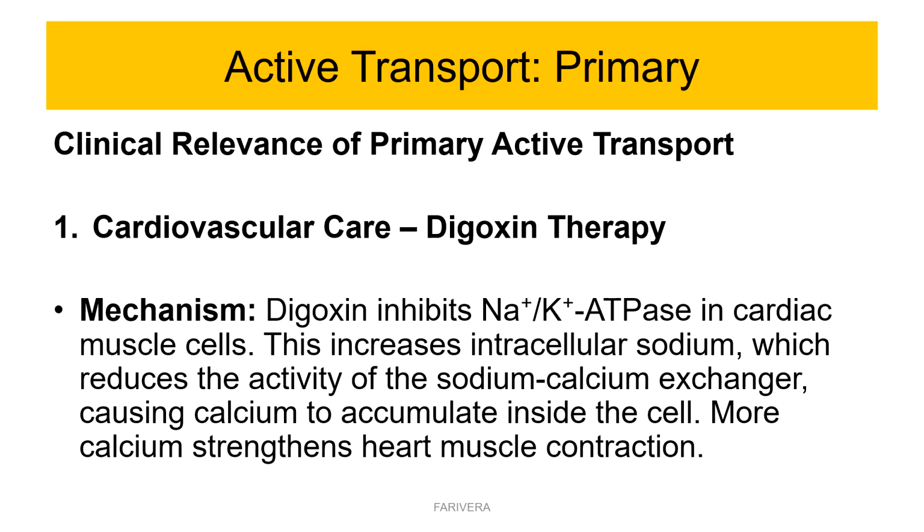This influences another transporter, the sodium calcium exchanger. As a result, less calcium is removed from the cardiac cell and more calcium remains inside. Why does that matter? Because calcium plays an important role in muscle contraction. More available intracellular calcium can contribute to a stronger cardiac contraction.